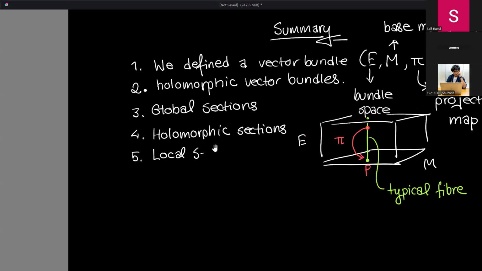And then we looked at how we can stack local sections to make sections of basis vectors called local frame fields.